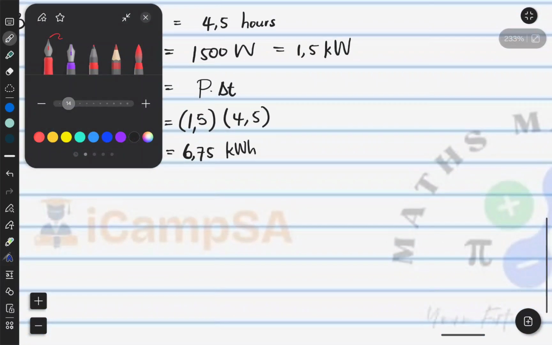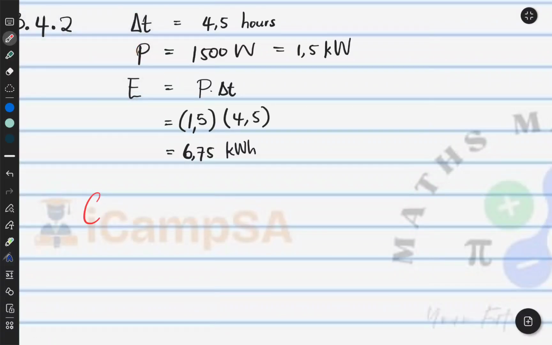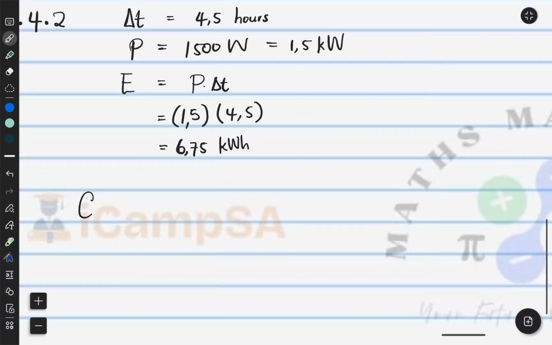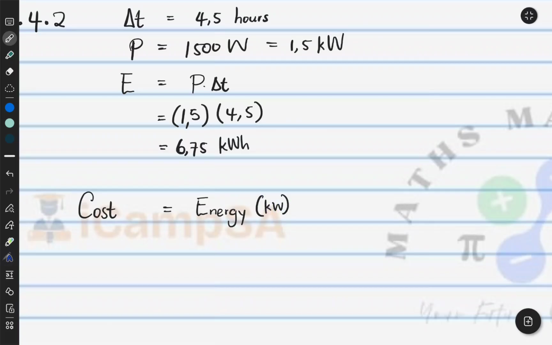We say that cost, usually in rands, is equal to my energy consumed, which is in kilowatt hours.